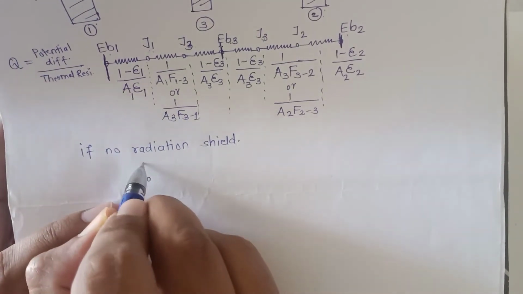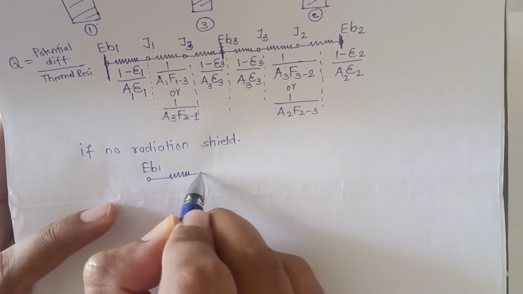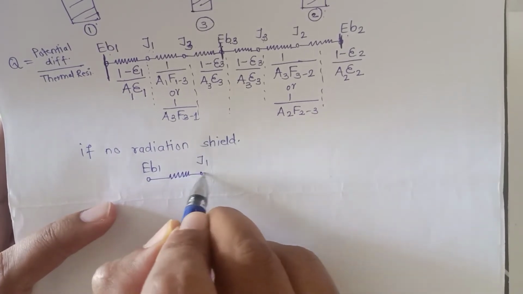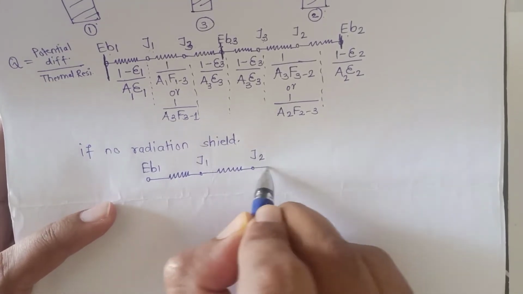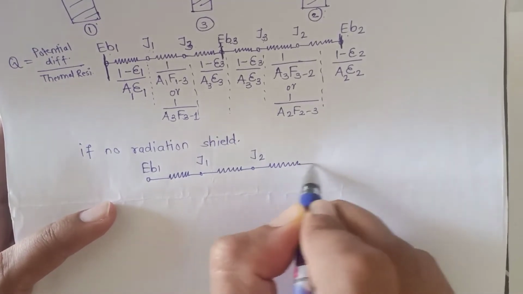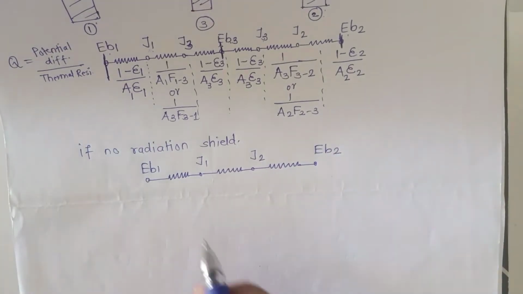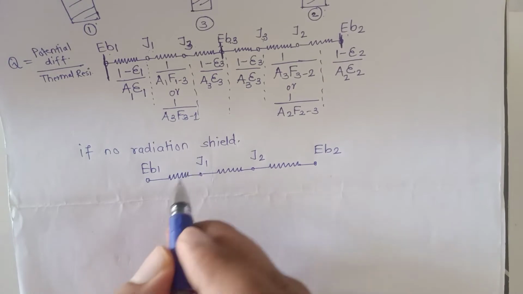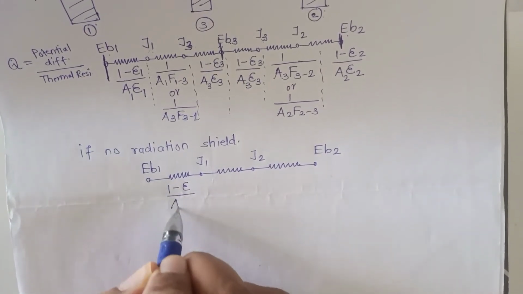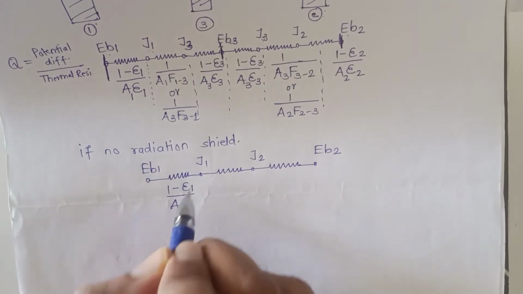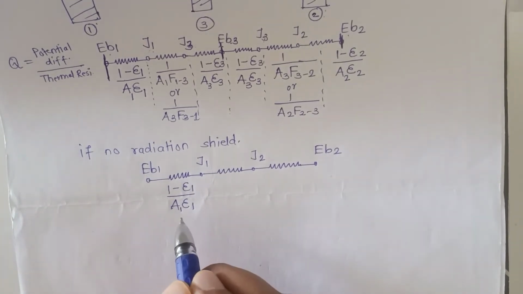We will start from EB1, then there will be J1, and then J2 for the second surface, and then EB2. Now between EB1 and J1 there will be surface resistance. So it will be (1 minus epsilon 1) upon A1 epsilon 1, with epsilon for the first surface and area for the first surface.